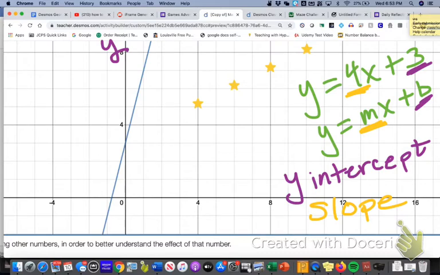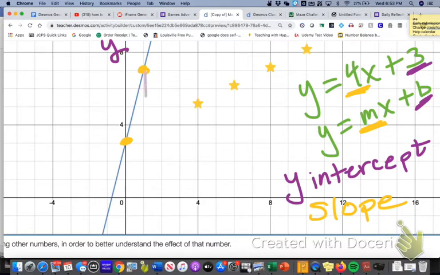In this case for the line, we're going to pick 2 places where it hits in a corner. So what I mean by a corner, for example, I don't want to choose that right there, because that's kind of in the middle. I want to choose this one because it hits right in a corner, and that one because that hits right in a corner. And then you're going to draw a little imaginary right triangle.